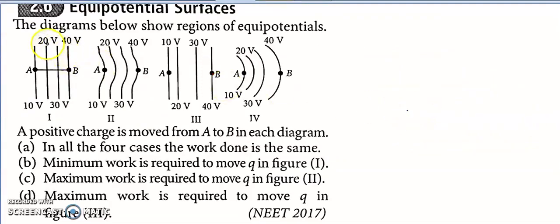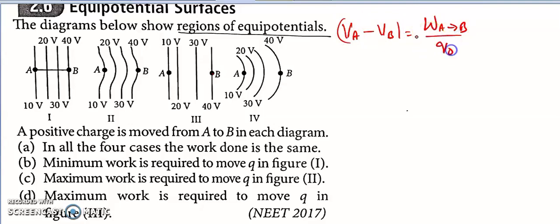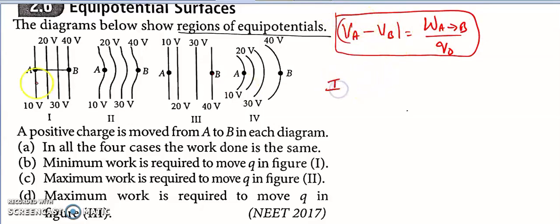Question number 12, the diagram shows the equipotential regions. The potential at A minus potential at B is equal to the potential difference, which is equal to the work done from A to B divided by Q naught. So this is the formula. In the first figure, this is the potential difference, 30 minus 20, and 40 minus 10.